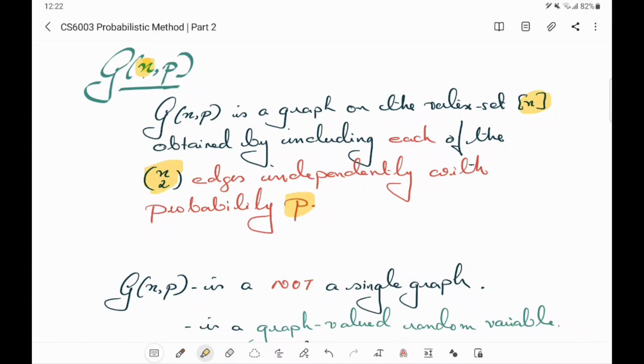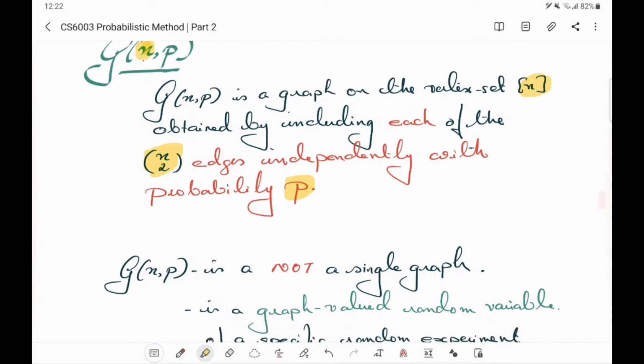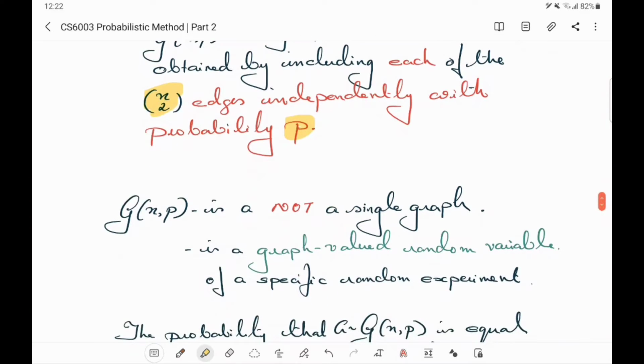The difference is that it's not necessarily a fair coin, but it's a coin which has probability p of landing heads. But remember that G n,p is not a single graph, it's a random process whose sample space consists of all graphs. Here also, unless your p equals 0 or p equals 1, the sample space contains all the graphs.